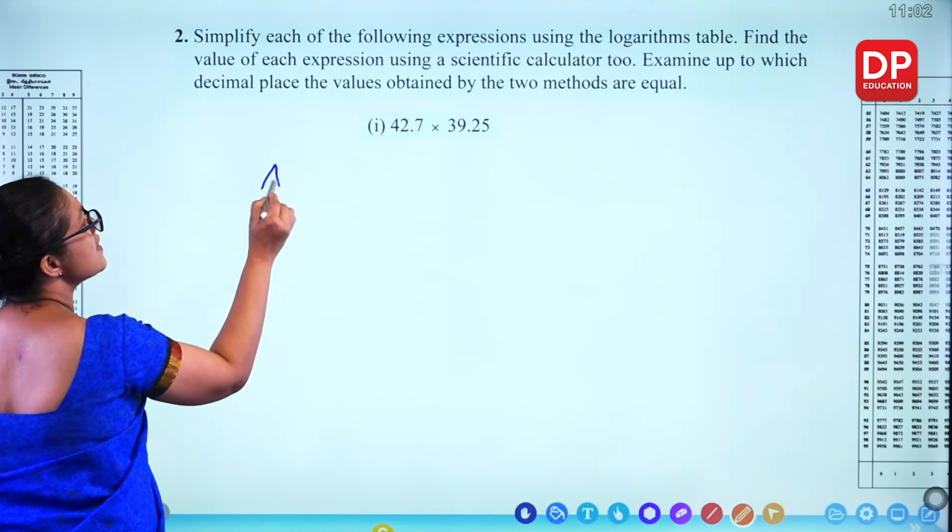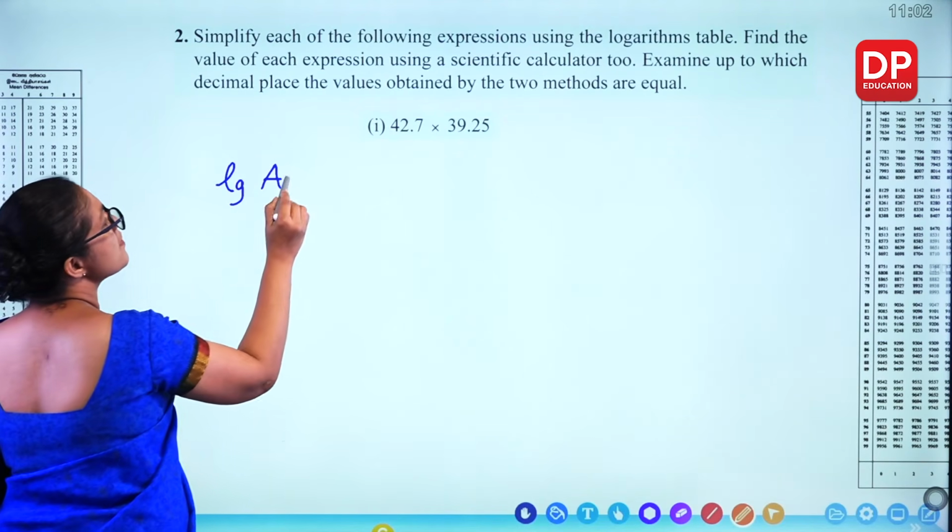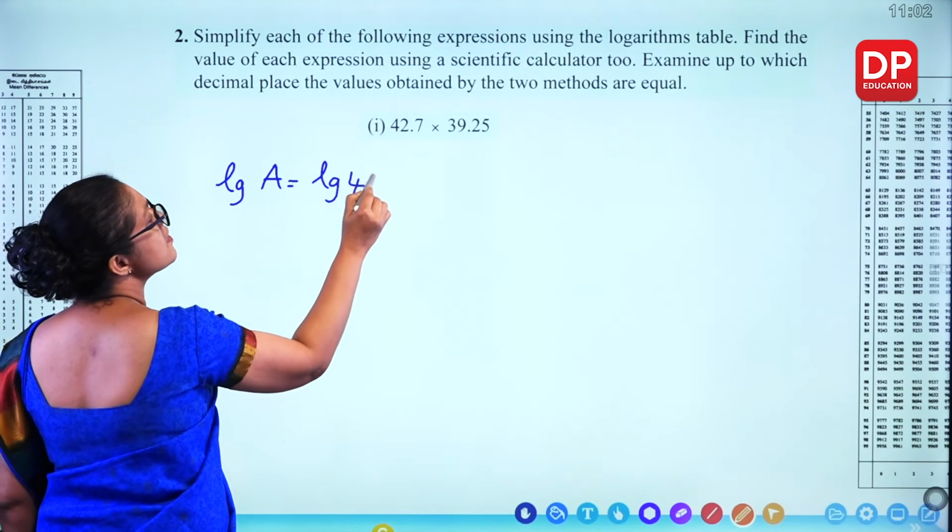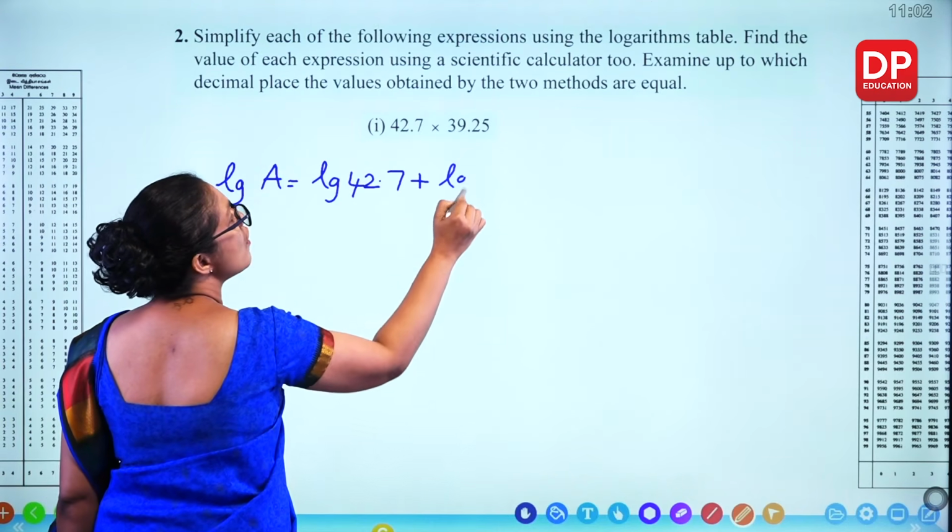We'll take this one as A and take logarithms. I can write this as an addition of logs.